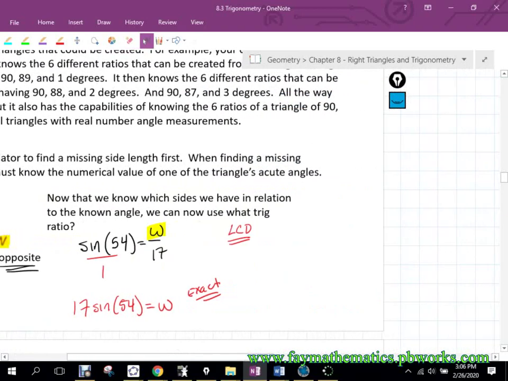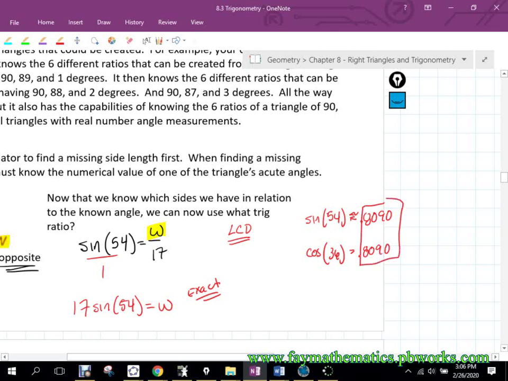Type in sine of 54 degrees and tell me what number you get. 0.8090? Okay. And that's an approximation, right? Let's go cosine of 36 degrees. What does cosine of 36 degrees give you? Same number, right? 0.8090.